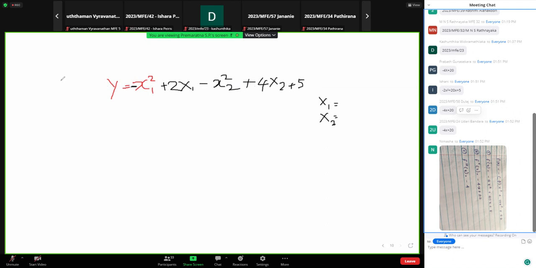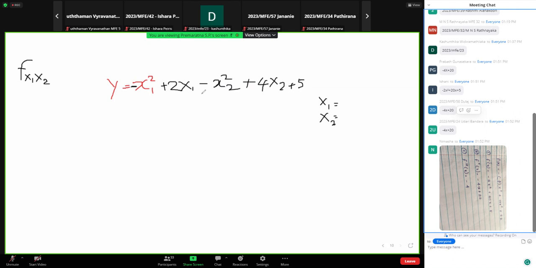There we can do differentiation. Cross differentiation means you differentiate first with one variable, let's say x1, then you differentiate the next variable, say x2. That's what we call cross differentiation.